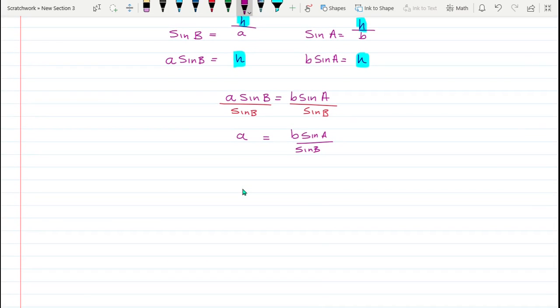And then if we divide both sides by sine of A, we get the following.